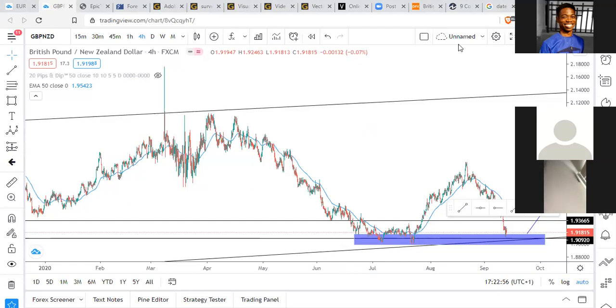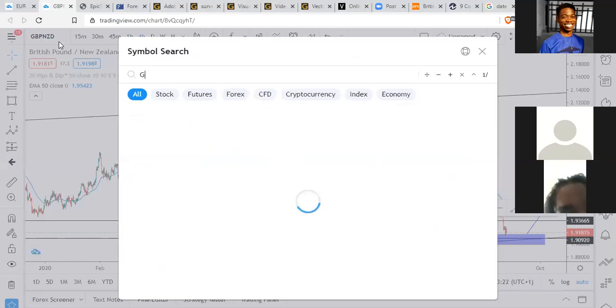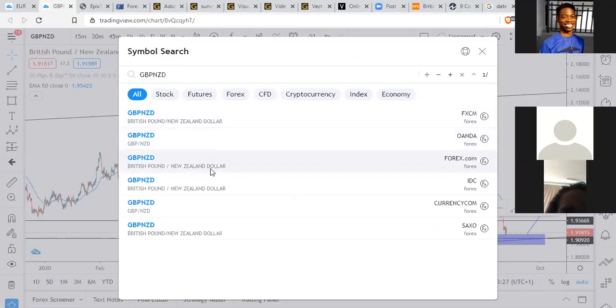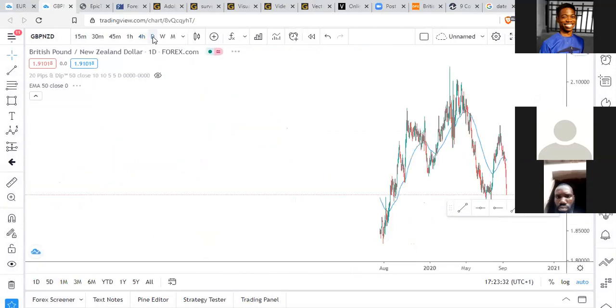I'm going to show you what I mean, how to use support and resistance well. Let me use another chart, GBP NZD, from another broker, forex.com.